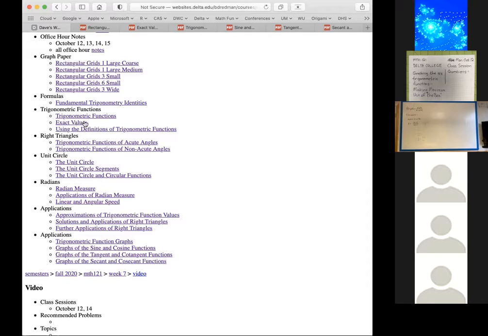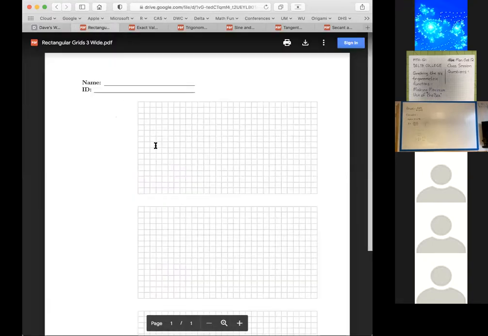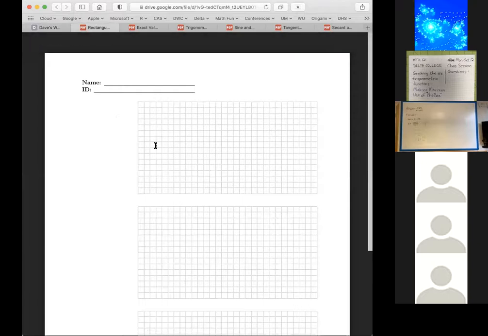But I made one more piece of graph paper that might help you draw things very, very well. And that is, look at this, rectangular grids, 3 wide rectangular grids. If you follow that link, then you'll see this paper right here. The idea is the trigonometric graphs repeat themselves over and over again.